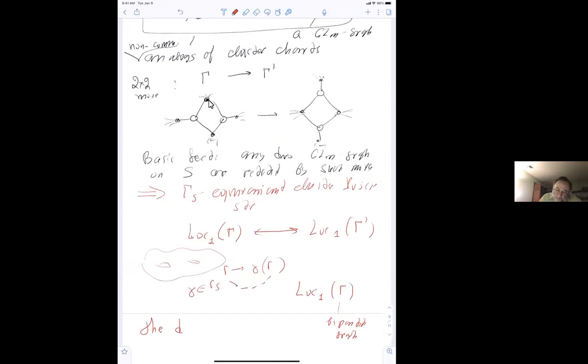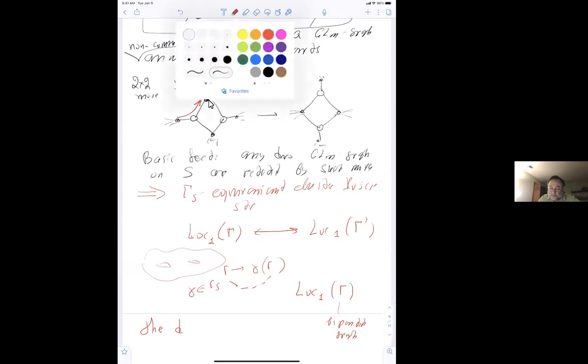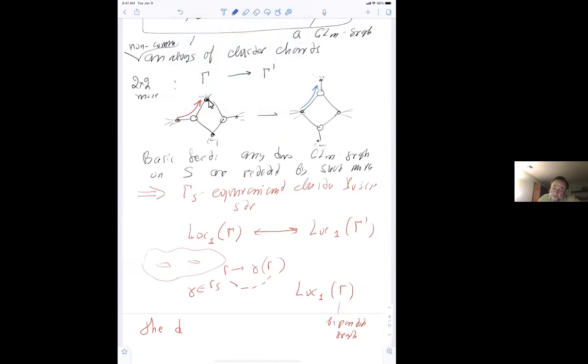So if you have parallel transport from here to here, we want to know how this looks on this different picture, where you need to have parallel transport now from here to here. So the question is how, knowing the red or left parallel transports, you know the blue or right ones.